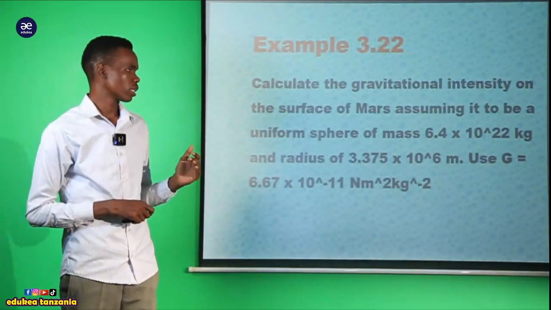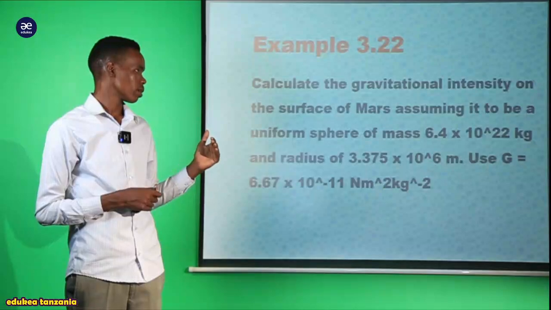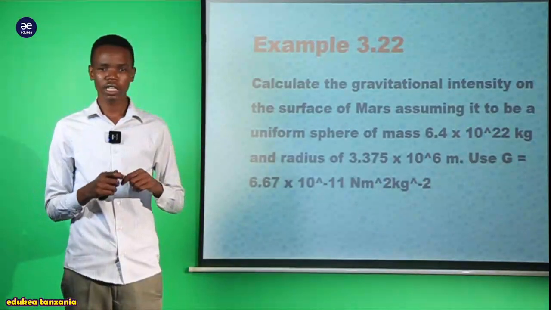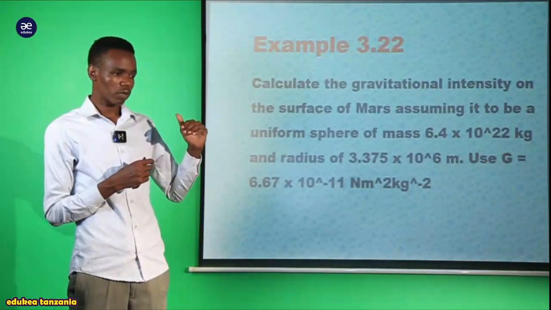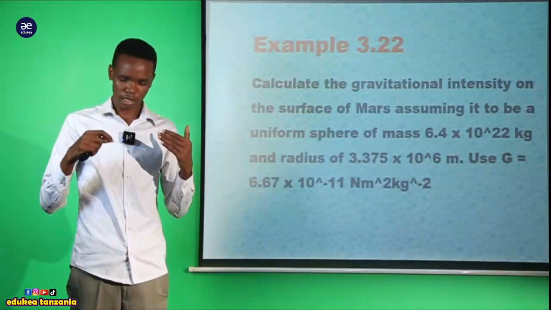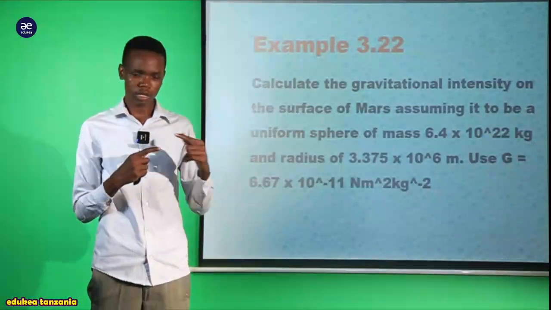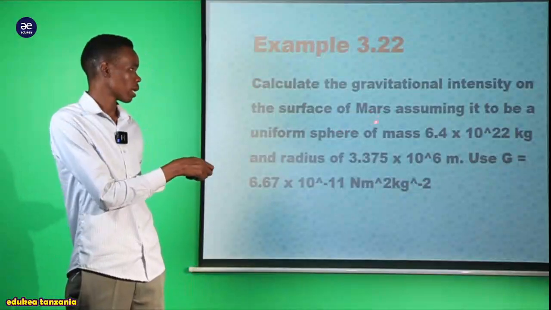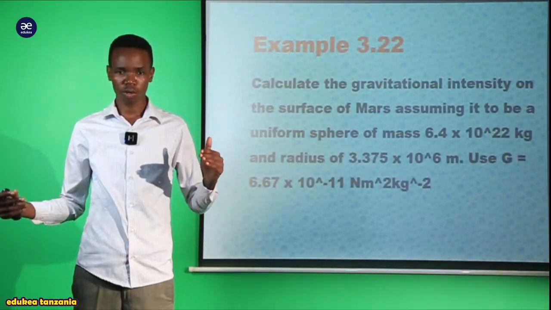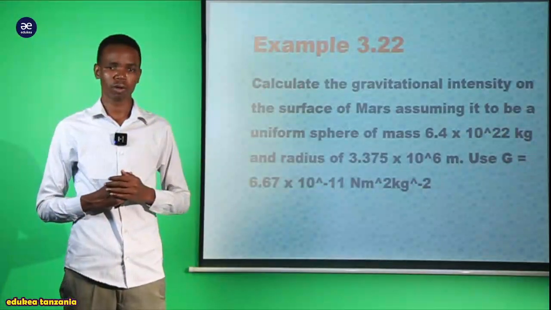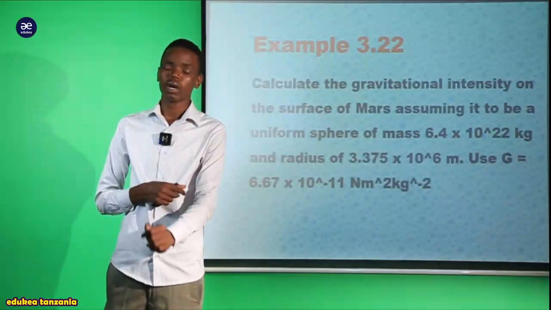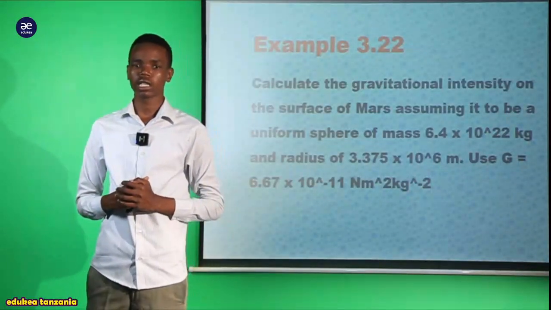If we have the mass of the planet, this gravitational intensity is the gravitation required to pull a mass from the center point of the planet. That is the gravitational intensity we have been asked for here.